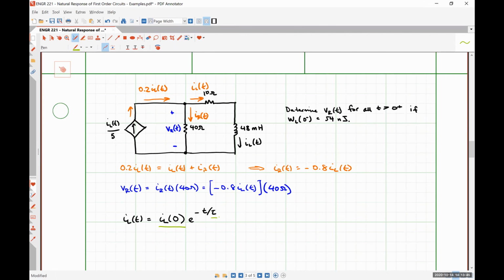So how are we going to determine IL at 0? We're given some information in the problem statement that says that the energy stored in the inductor at t is equal to 0 minus is 54 nanojoules. So how can we relate that statement of a known value of energy to a particular current?